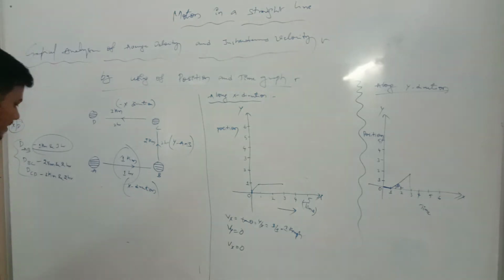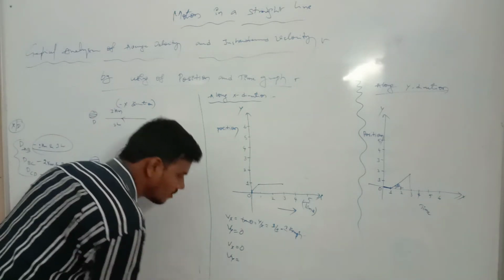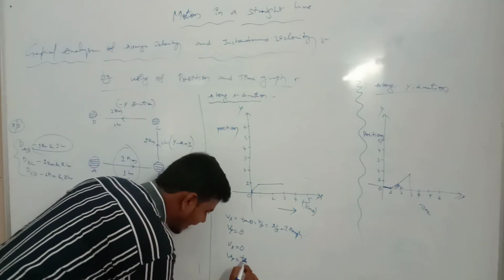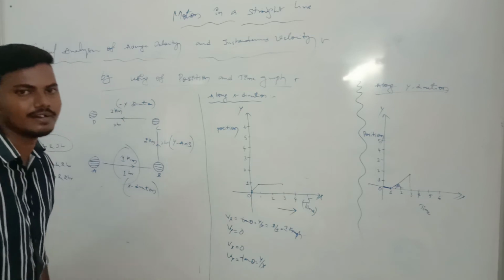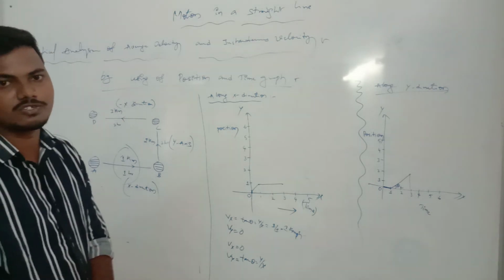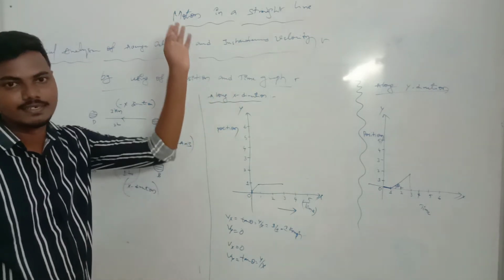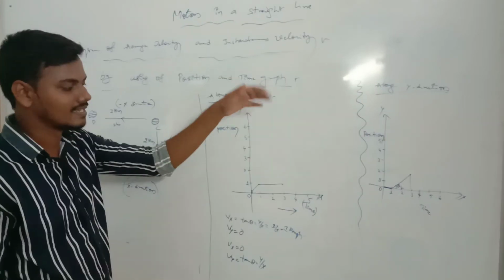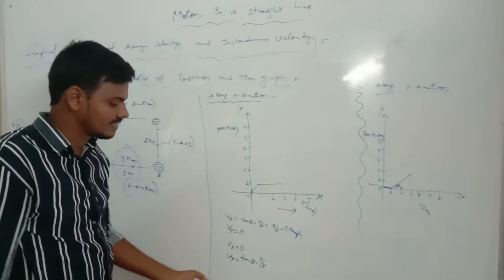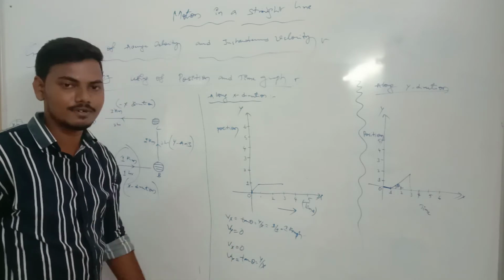Now again we choose the third one. Now tan theta is equal to y by x. As in the previous straight line equation, y is equal to mx plus c, where c is the intercept, the position where we intersect. Here c is equal to 0, as in our previous class. Today we are discussing that tan theta is equal to y by x.